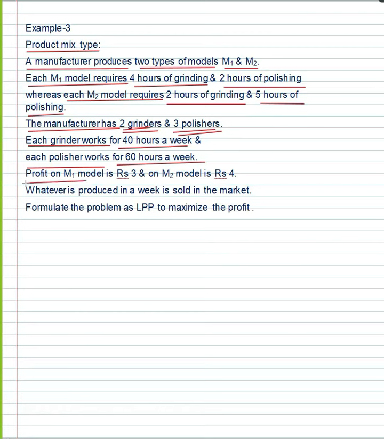Profit on M1 model is 3 rupees and profit on M2 model is 4 rupees. Whatever is produced in a week is sold in the market. Formulate the problem as LPP to maximize the profit.